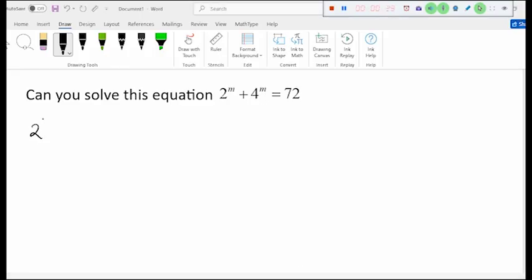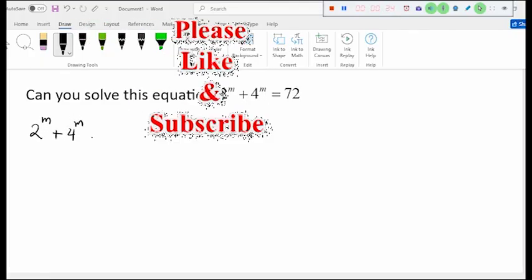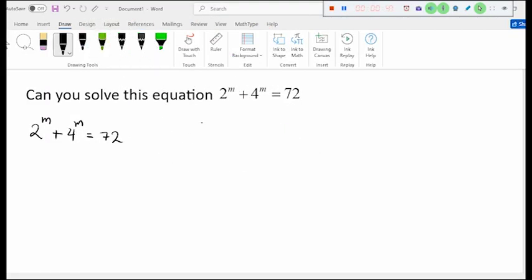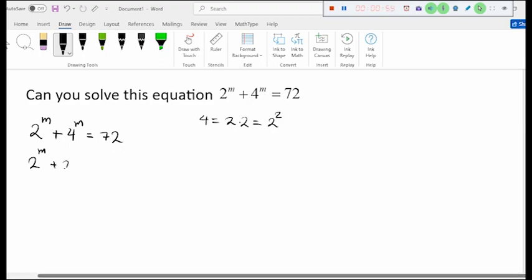We write here 2 to the power of m plus 4 to the power of m equal to 72. Here we change, as you know, that 4 is equal to 2 times 2, so we can write 2 squared. So instead of 4, we can write 2 squared to the power of m equal to 72.